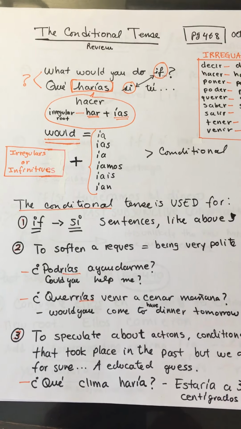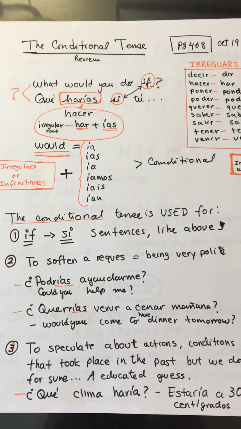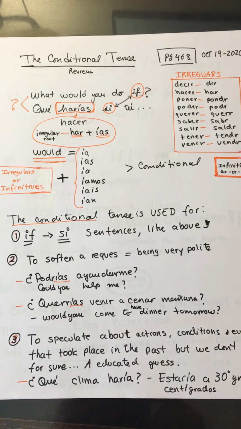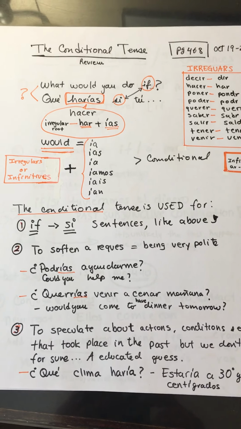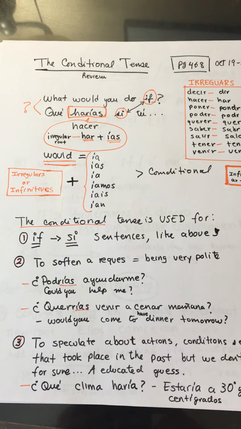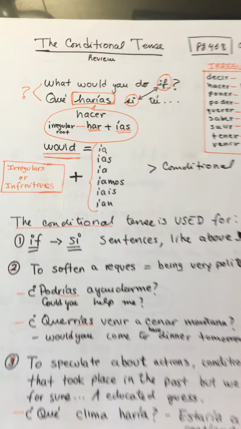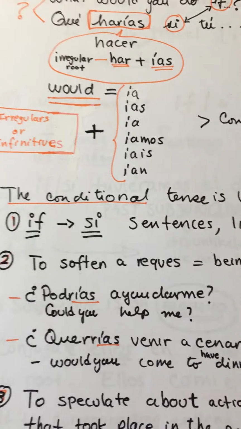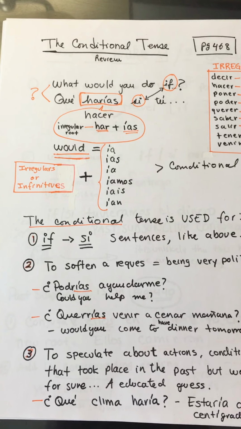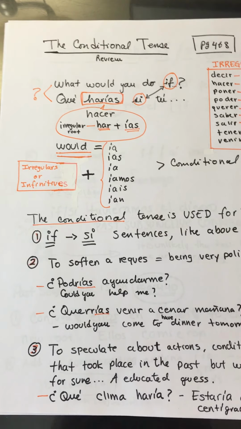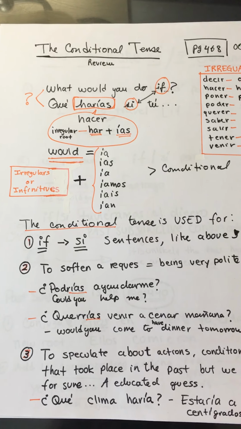This conditional, would tense or would conjugation with ía, ías, ía, íamos, íais, ían, has several uses. One of the most important uses is that we use it in if sentences. When we are talking hypothetically about something that is unlikely to happen, but we still can talk about it, right?